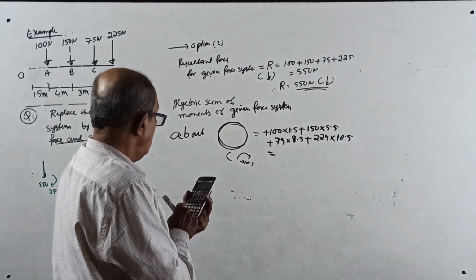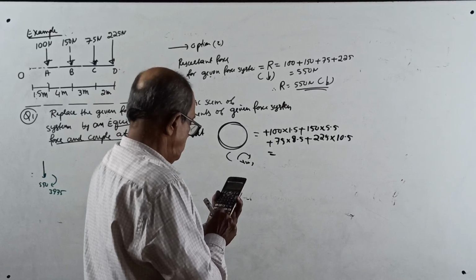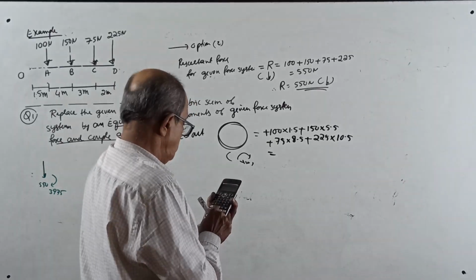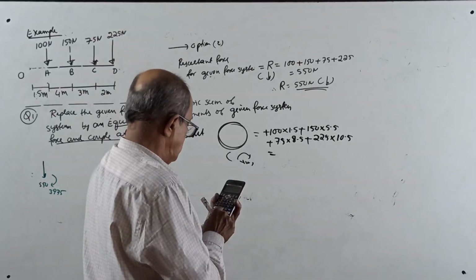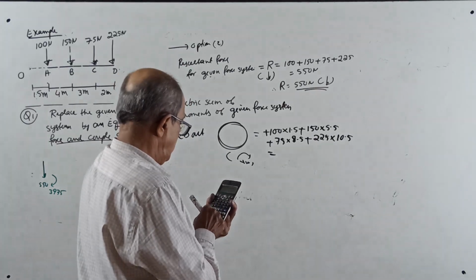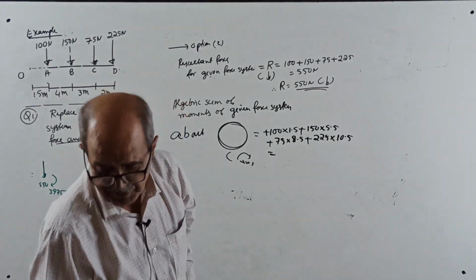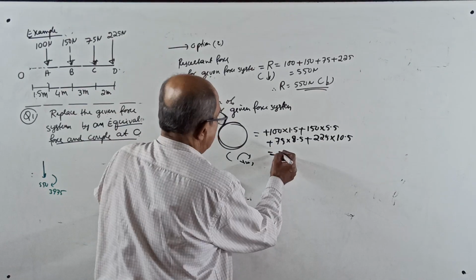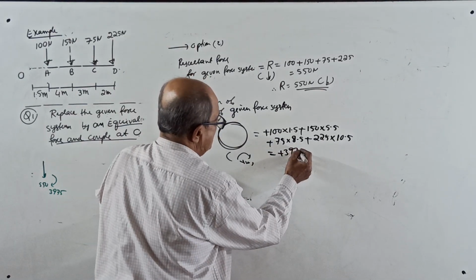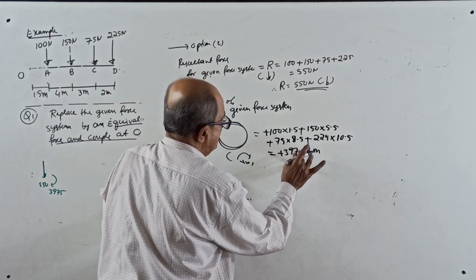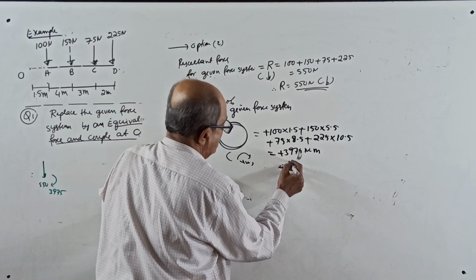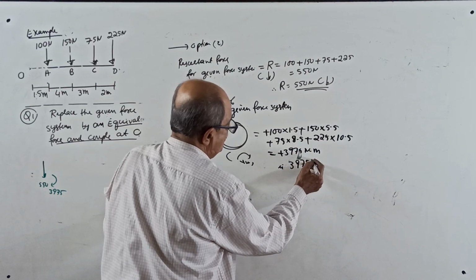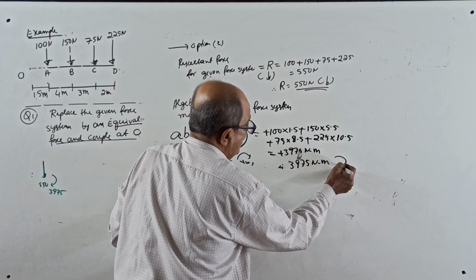Then 100 into 1.5 plus 150 into 5.5 plus 75 into 8.5 plus 225 into 10.5 is 3975 Newton meter clockwise. Why?